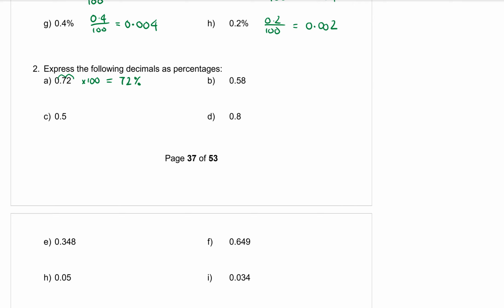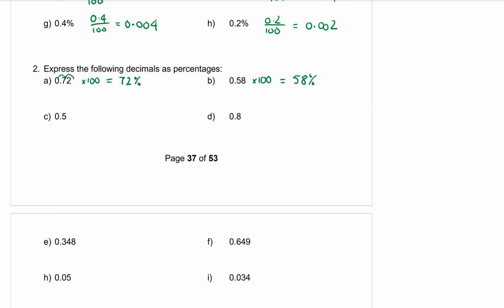So same thing for B. To make that a percentage, I'm going to times it by 100, which means that decimal point is going to come over 2 places to make 58%. Okay with this? Do you want to try C and D? No. All right, I'll do it for you.